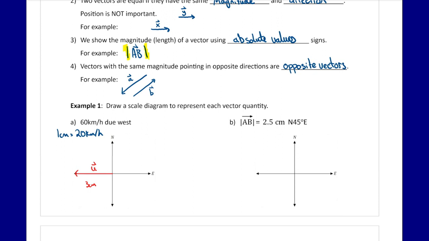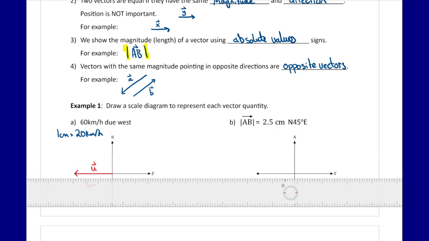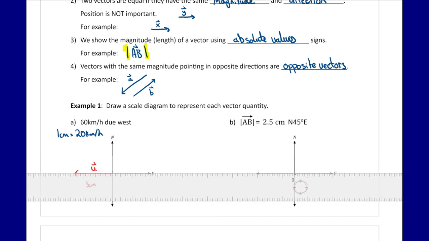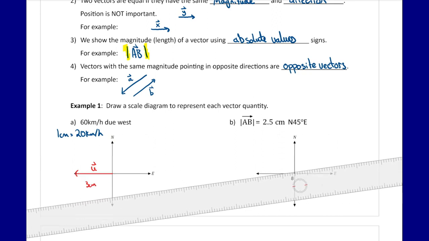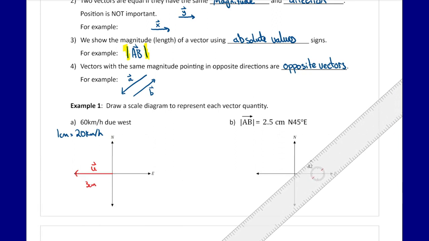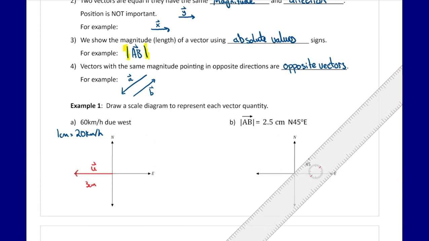For vector AB, which is 2.5 centimeters north 45 degrees east, here I have a different direction, so I need to use a protractor. I'm going to use this ruler because it does show the angles. We're going to get 45 degrees. I'm going to draw my vector.